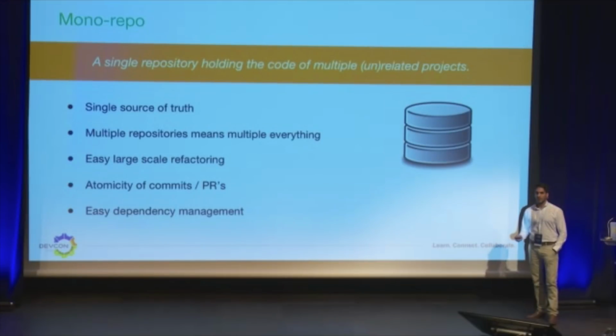For example, if you have to implement a feature with multiple repositories, you will have to do more than one pull request, because probably you will have multiple modules in different repositories. That's not logically correct when you expect just one pull request, and that's the atomicity of commits feature.